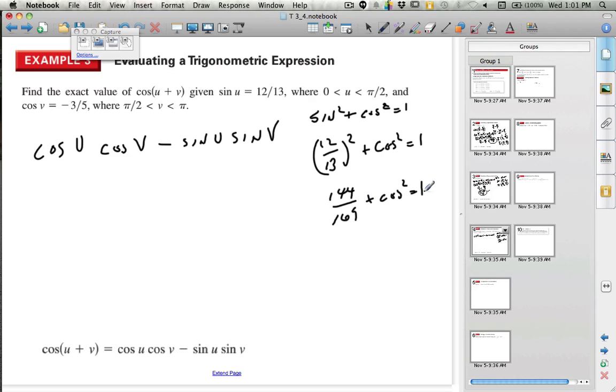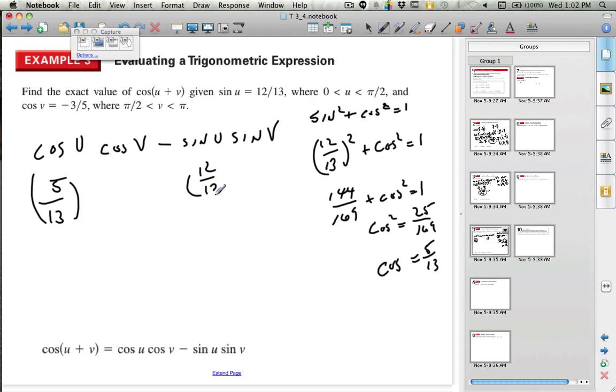If I subtract this from either side, cosine squared is equal to 169 over 169 minus 144 over 169. So the difference is 25 over 169, so cosine will be 5/13. Okay, so cosine of u is 5/13, and the sine of u is 12/13.